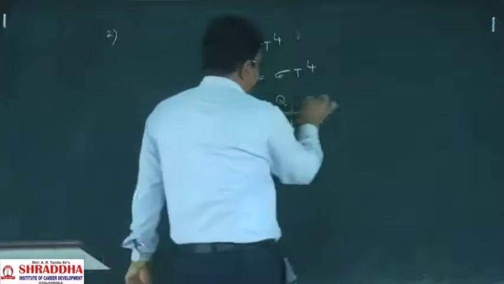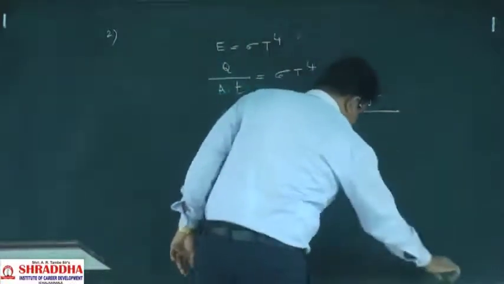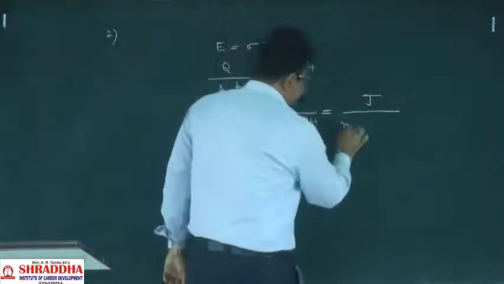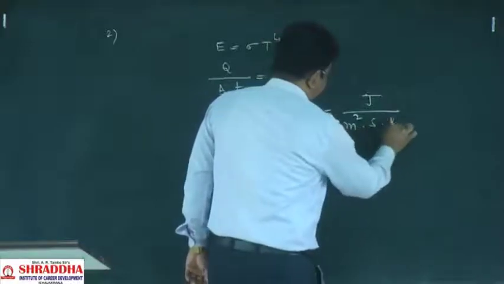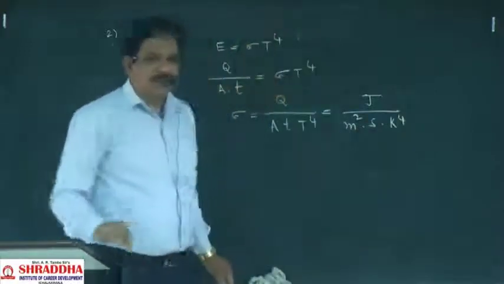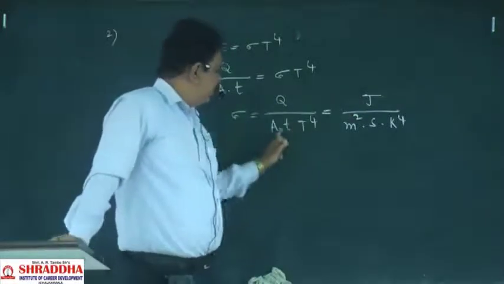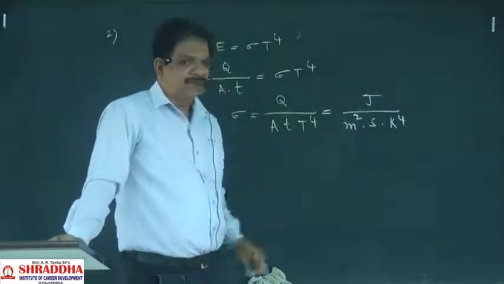Okay, what to do? Here, heat energy unit will be joule. Area will be meter square. Time will be second. This is Kelvin. Joule, meter square, second, K power 4.